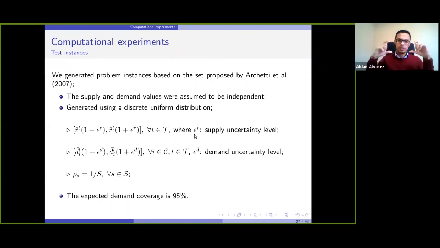So this uncertainty level defines the width of the range that we use. So a larger uncertainty level means that the values can vary more for both the supply and the demand. And each scenario has the same probability of occurrence.